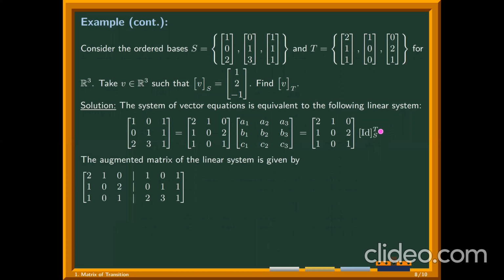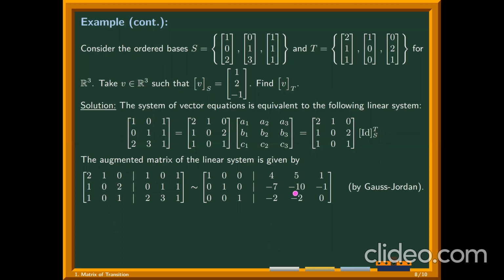So we solve this by applying Gauss-Jordan. The associated augmented matrix of this system is given by this 3 by 6 matrix. So this is the matrix of coefficients. This is the matrix of constants.